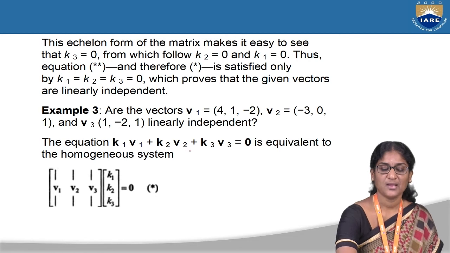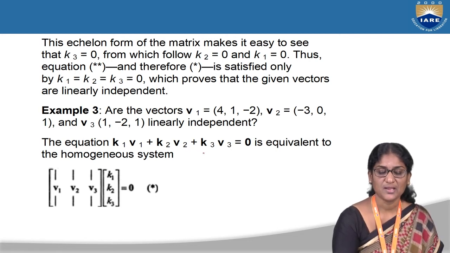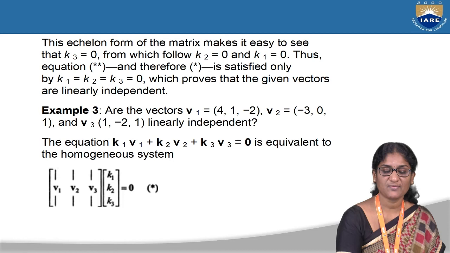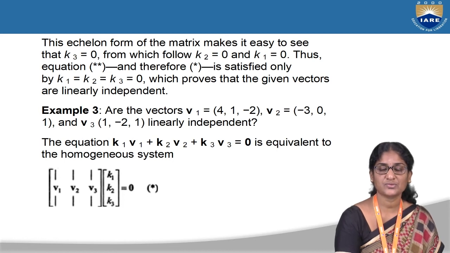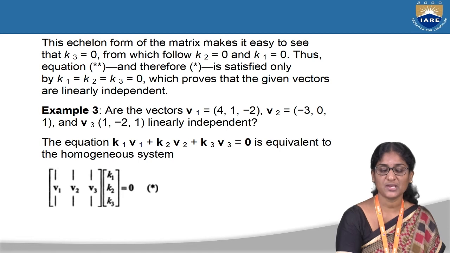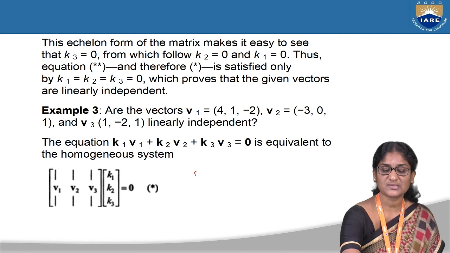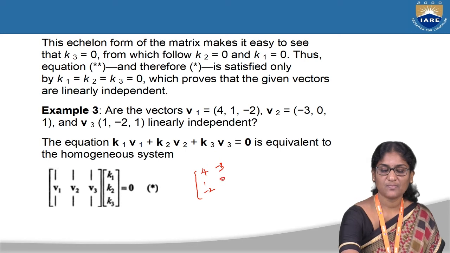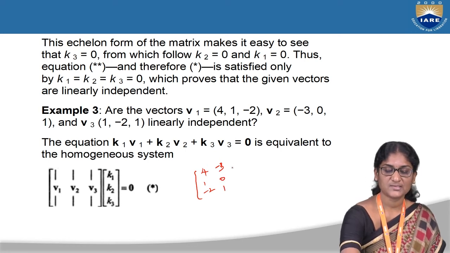Again, I'll take the linear combination of the three vectors with some scalars k1, k2, k3: k1 v1 plus k2 v2 plus k3 v3. There are two methods. I'll frame the matrix using these vectors: 4, 1, -2, -3, 0, 1, 1, -2, 1.